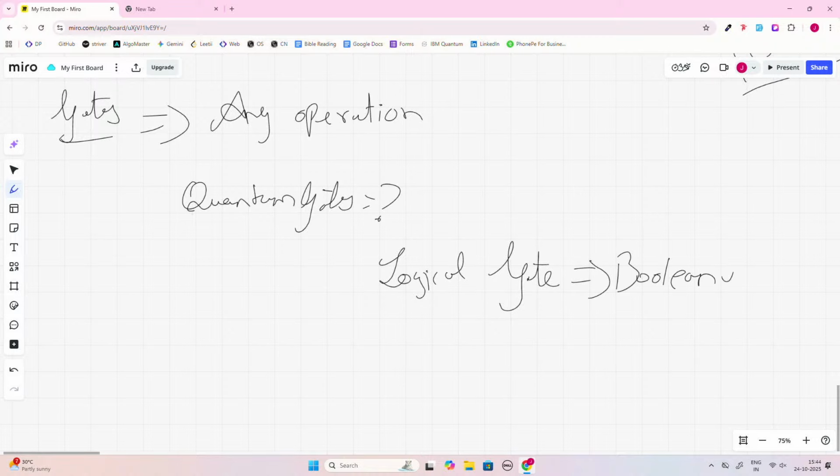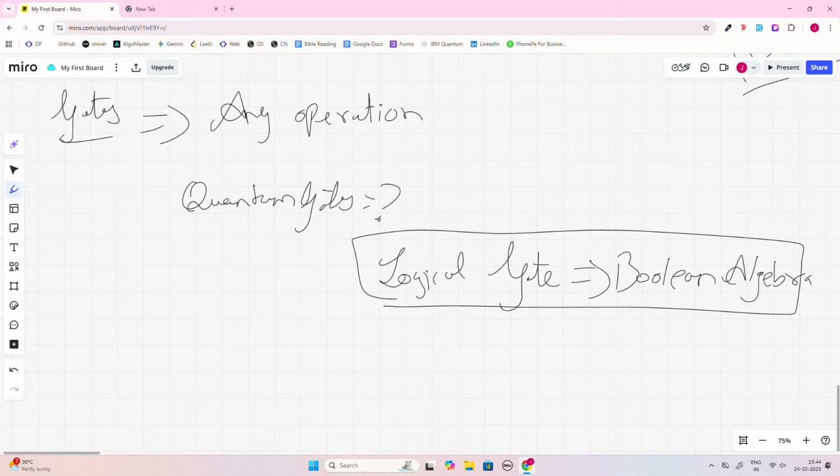Remember the mathematical induction chapter in 12th grade? It is completely based on Boolean algebra: conjunction, disjunction, bijunction, everything will be there. So this logical gate is completely based on Boolean. Now, if you take quantum gates, they are completely based on only one thing, that is linear algebra.